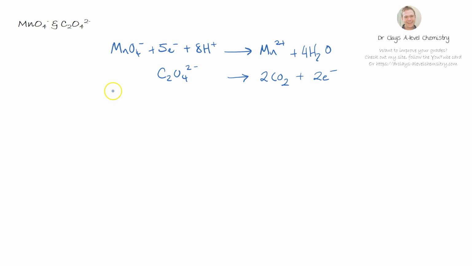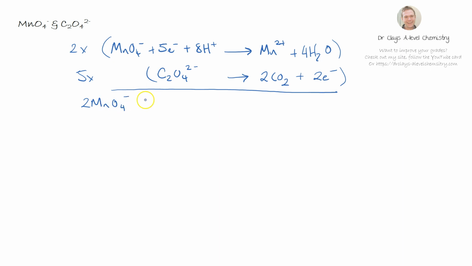So to write the full redox equation here, we're going to multiply the top one up by 2 and the second one up by 5 to give us our balanced redox equation. So if we write the full redox equation this time, remembering to cancel the electrons, we've got 2MnO4- plus this time 16H+, plus 5 ethane dioates.